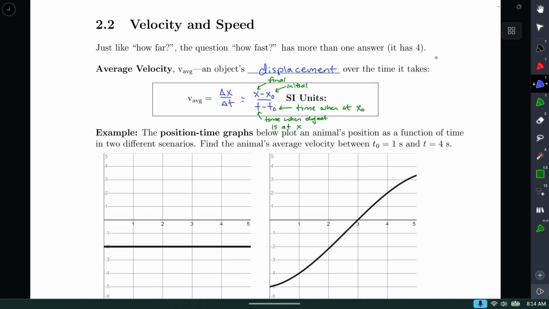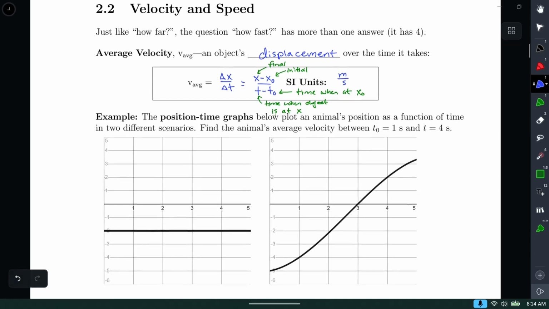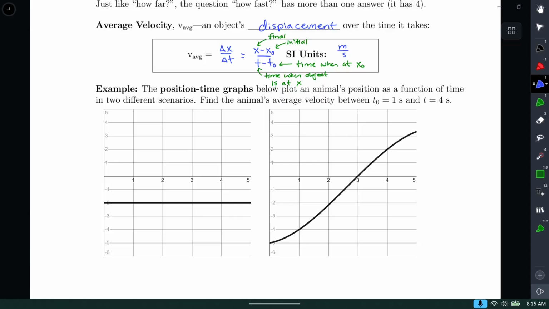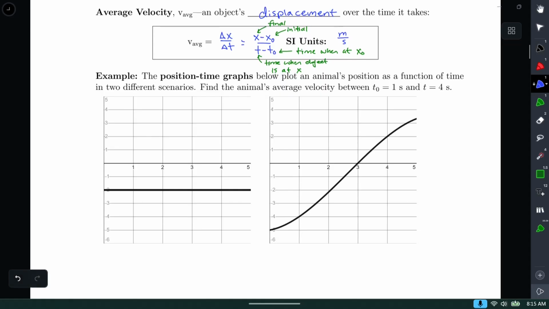But the units will be the units of displacement, which is meters, over the units of time, seconds. So meters per second. And we can plot the motion of something over time, and we'll see that the average velocity is a specific feature of a graph like this.